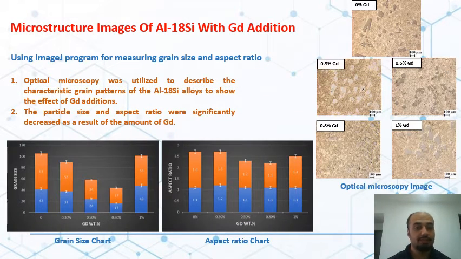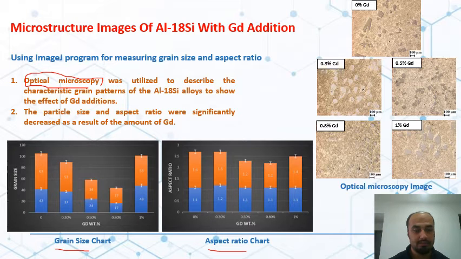By using optical microscopy, we measured the grain size and aspect ratio for each percentage: 0% Gd, 0.3, 0.5, 0.8, and 1% Gd. We got these images by optical microscopy, and we measured the grain size and aspect ratio. For 0% Gd, it was 42 to 63.